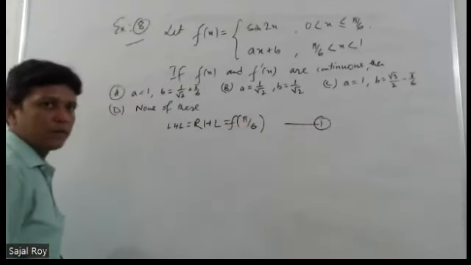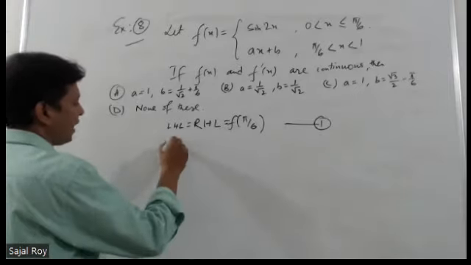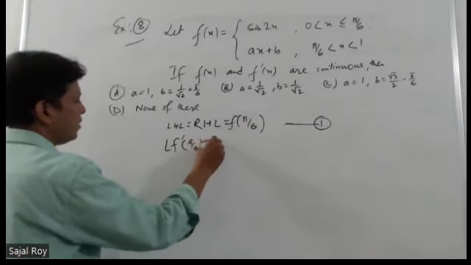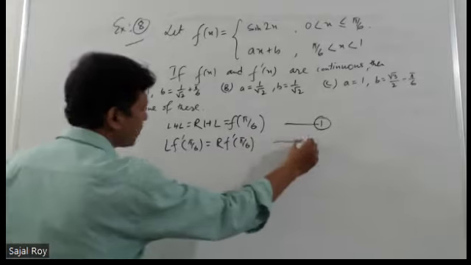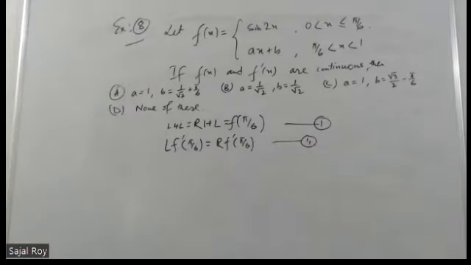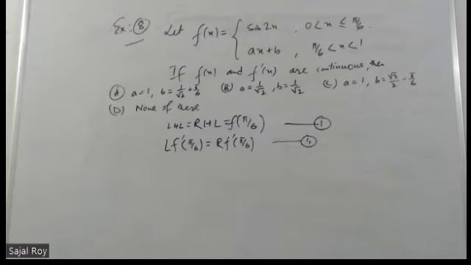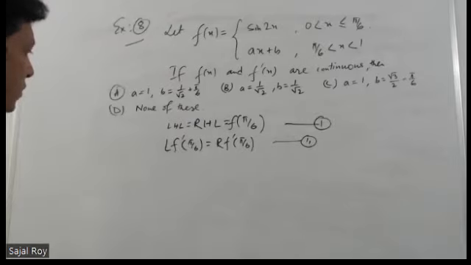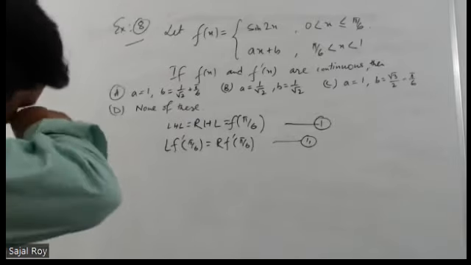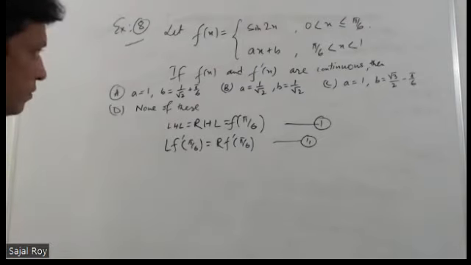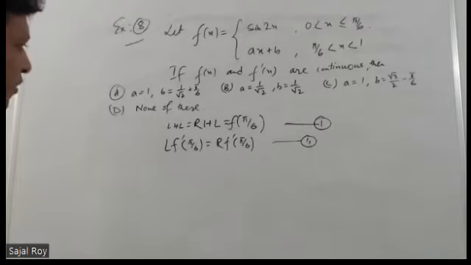That will give you one of the conditions or one of the equations. Another is f dash at pi/6, because it is differentiable. Okay, so your option is C, right? After solving and getting this result.